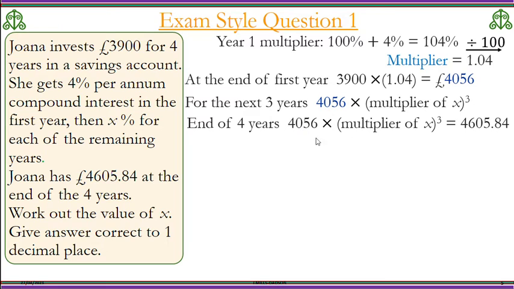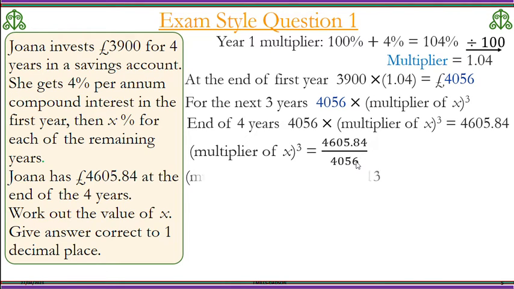To work out X, we must first get rid of 4,056 by dividing both sides by that number. So we now know that the multiplier that comes from X cubed is equal to this amount.